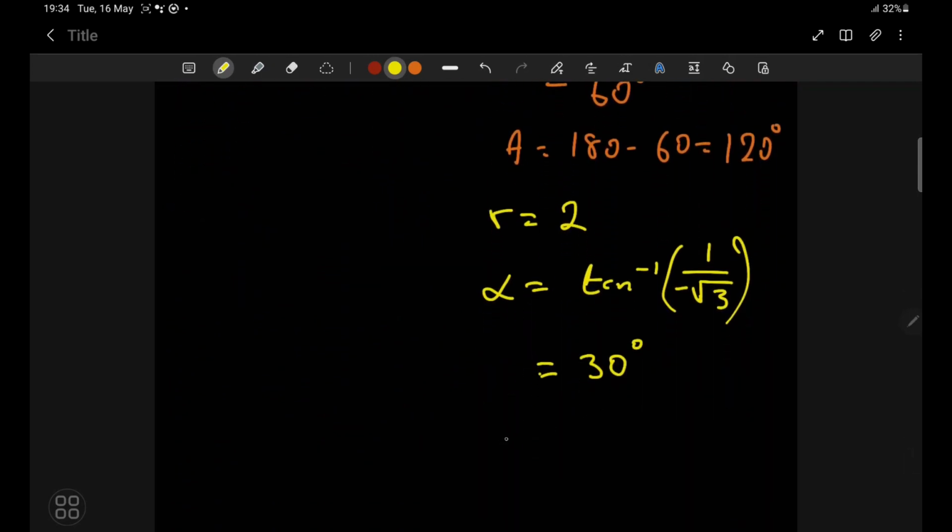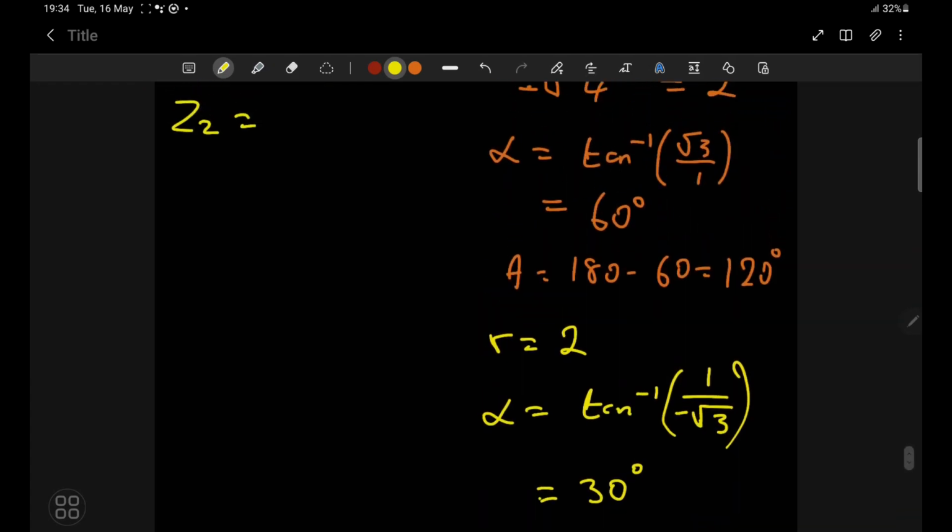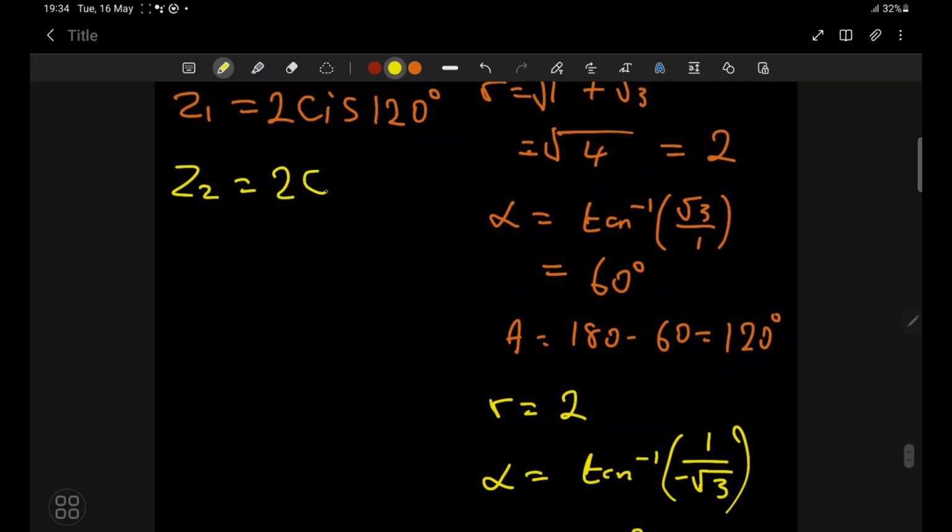So for our reference angle, theta will be 180 minus 30, which is 150 degrees. Thus our representation will be 2 cis of 150 degrees.